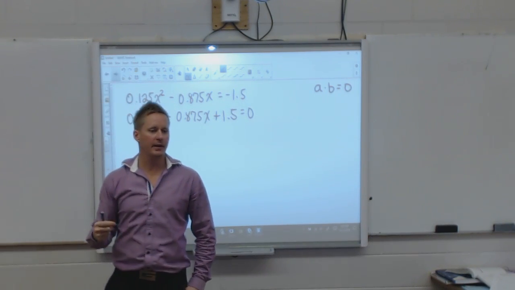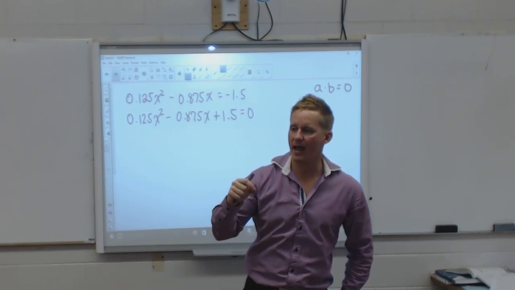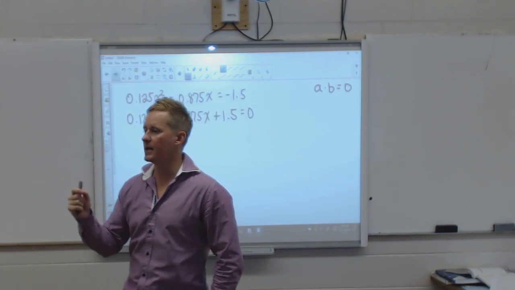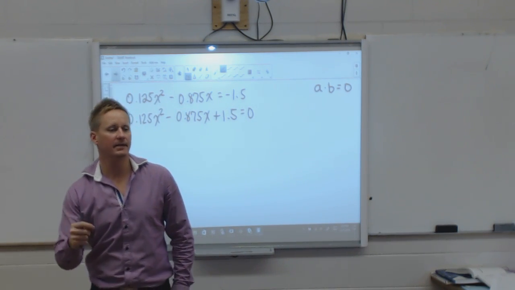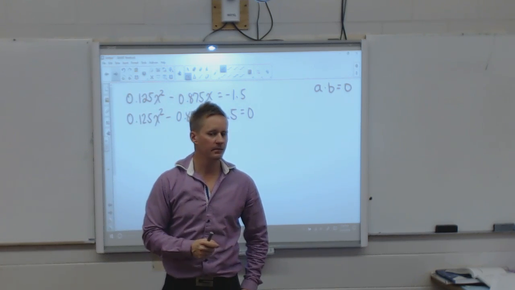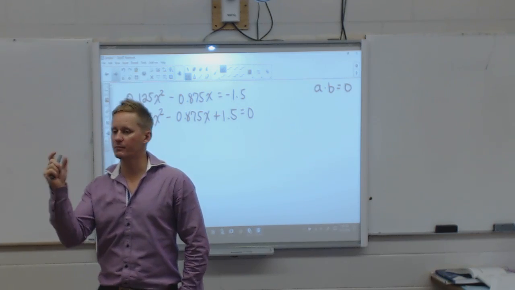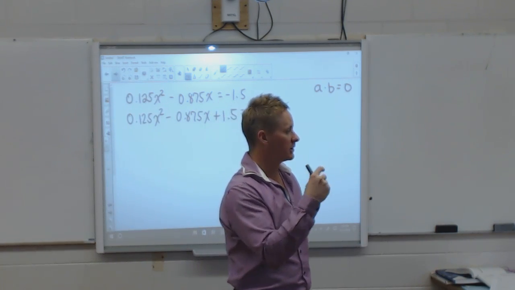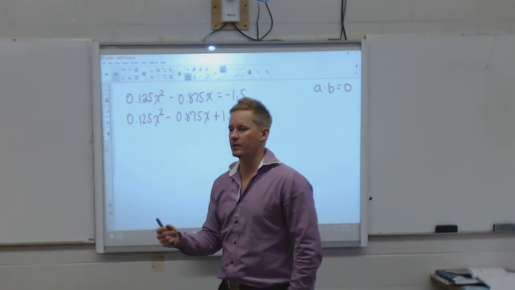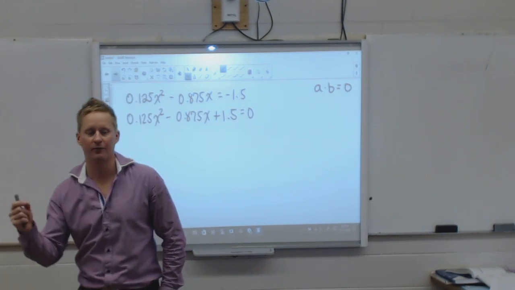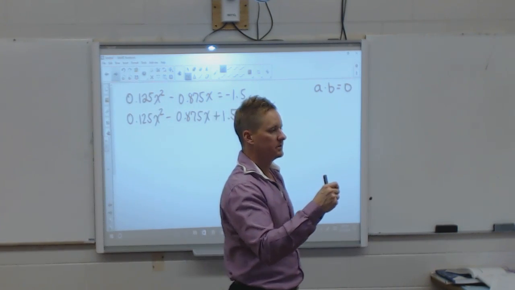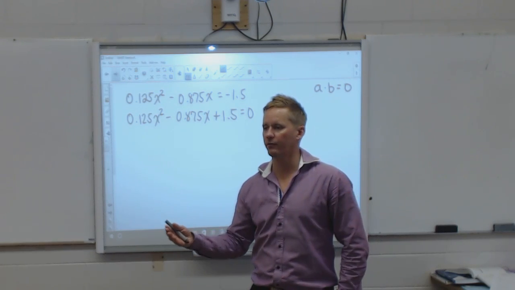The zero product equation says this: if I have A times B and it's equal to 0, what does that tell us about A or B? One of them has to be 0. So if I have two terms multiplied together in which there's variables and they equal 0, then one of them has to equal 0. So we're going to find out what value gives me a value of 0 for the term.